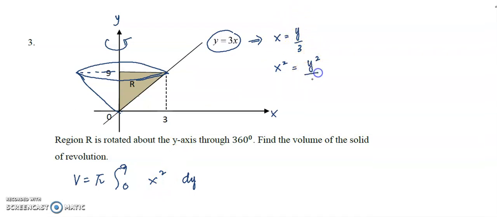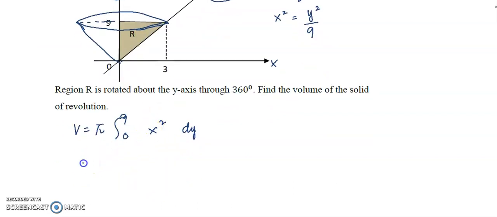We have y squared over 9 over here. So now you need to put the y squared over 9 into the x squared here. You have pi, 0 to 9, and x squared, which you substitute by y squared over 9. Then integrate with respect to y.